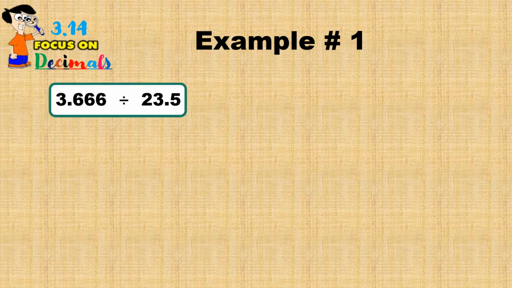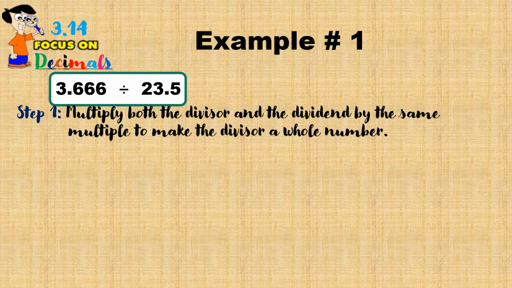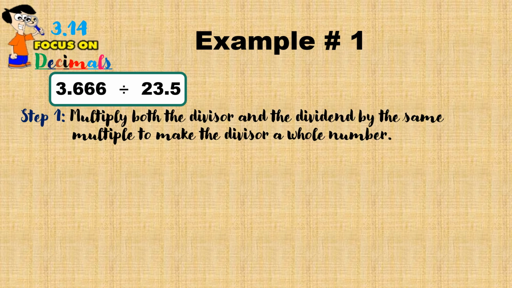Example number 1. 3.666 divided by 23.5. To answer the given, let us apply the steps in dividing decimals. Step 1. Multiply both the divisor and the dividend by the same multiple to make the divisor a whole number. So 3.666 is the dividend and 23.5 is the divisor.